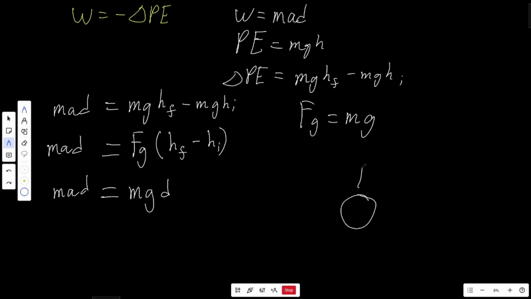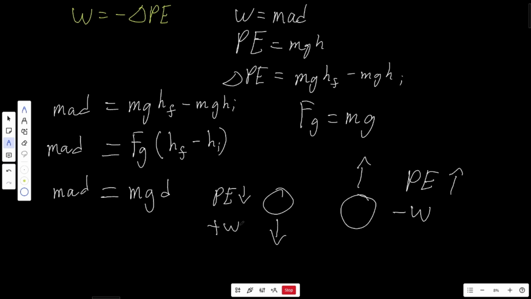When it goes up, its potential energy decreases, and there is negative work done. Oh wait, sorry, rather, when an object is going up, its potential energy increases. Now, when an object is going down, its potential energy decreases and it turns into kinetic, and there is going to be positive work done.